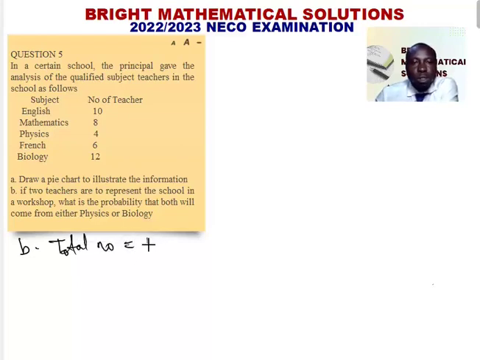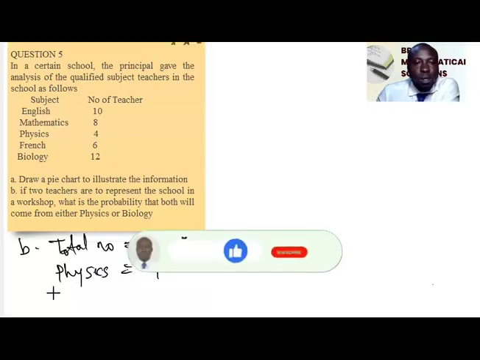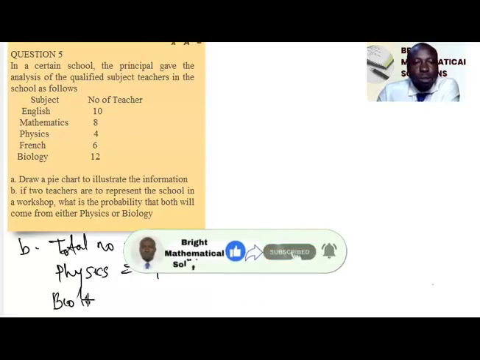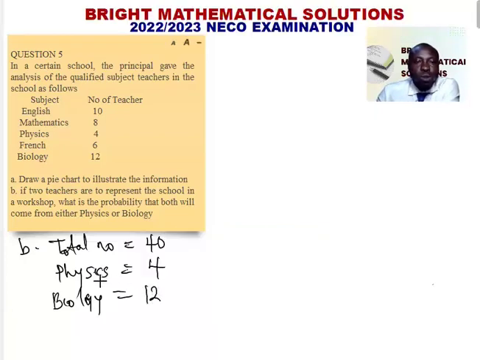Total number of teachers, that gives us 40. Now the focus now is physics and biology. Physics, we have 4 teachers in physics, and biology, we have 12 teachers.